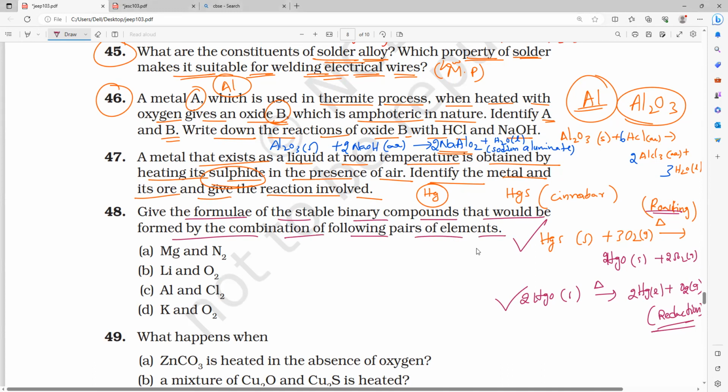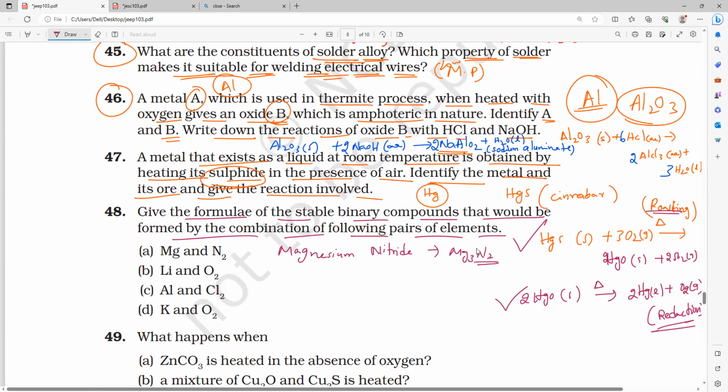Everybody, first one, formula. Magnesium nitride. Mg plus N gives Mg3N2. Magnesium nitride. Formula is Mg3N2.